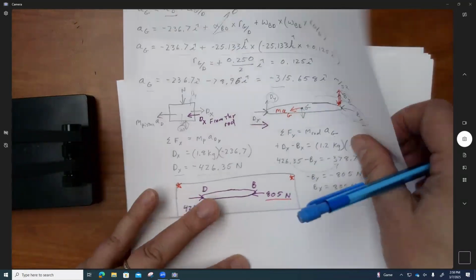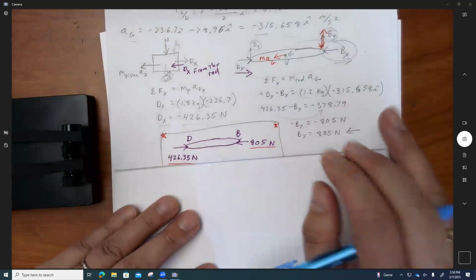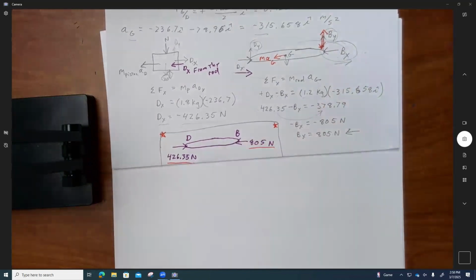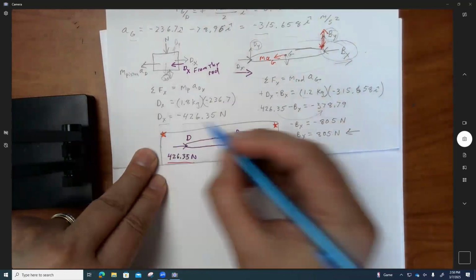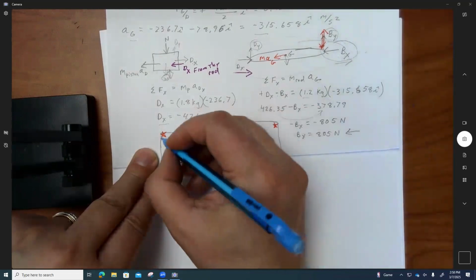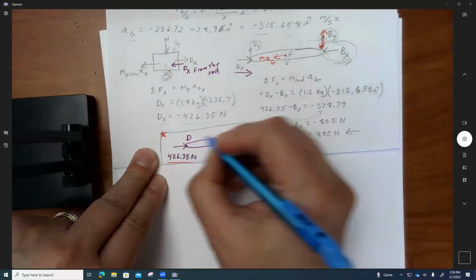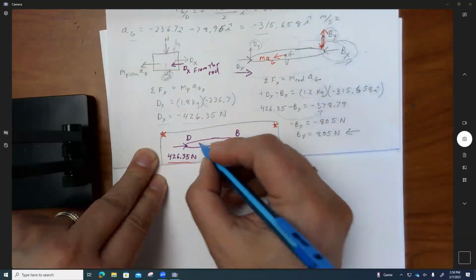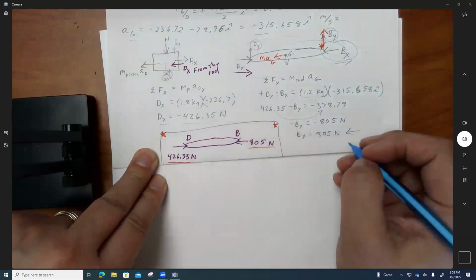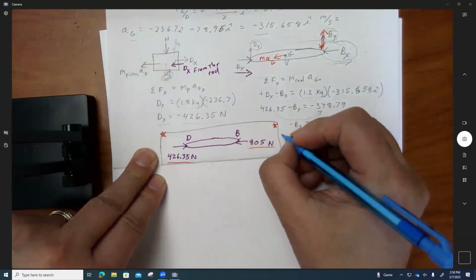Now, if we want to look at the final answer, this right here is going to be the ultimate final answer for the forces on the rod when you're neglecting the weight.